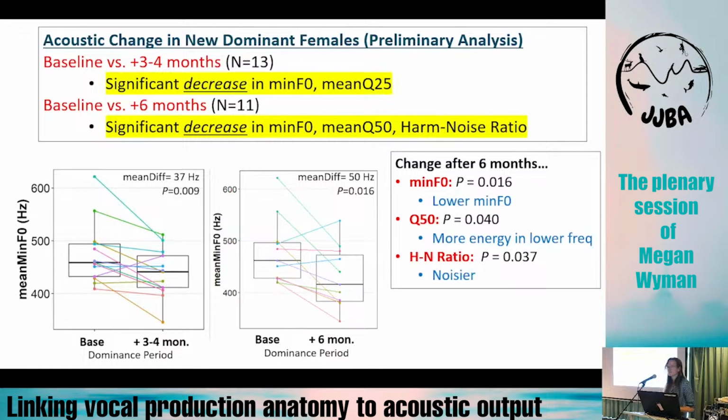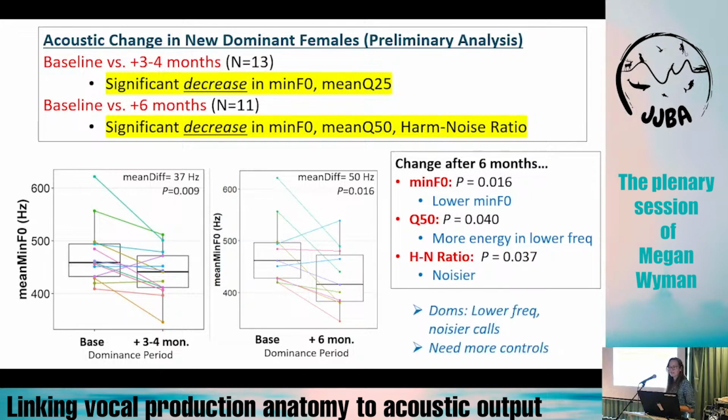Then we added on the baseline to 6 months. This is the same as the first graph before, baseline to 3 to 4 months, and now it's baseline to 6 months, and we see an even bigger difference. The mean difference before was 37 hertz between these 2 periods, and now it's 50 hertz. So there's an increase in the difference. Most of the change we think happens in the first 2 to 3 months, based on the weight data.